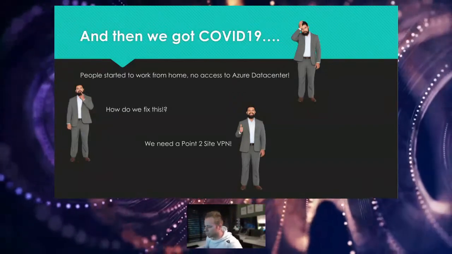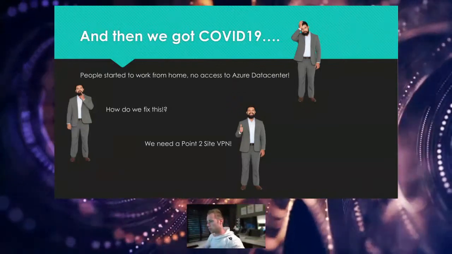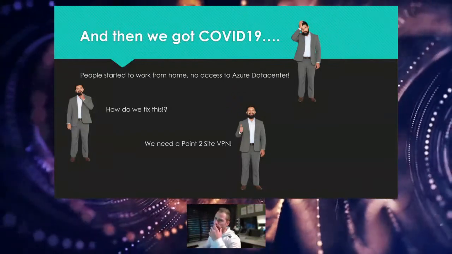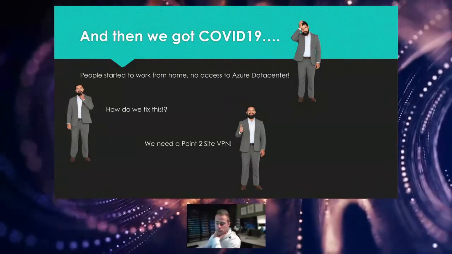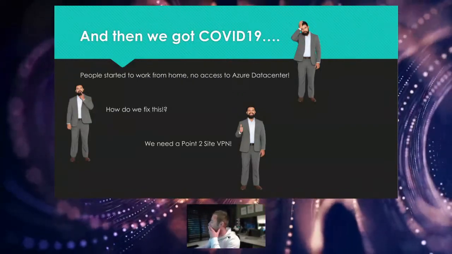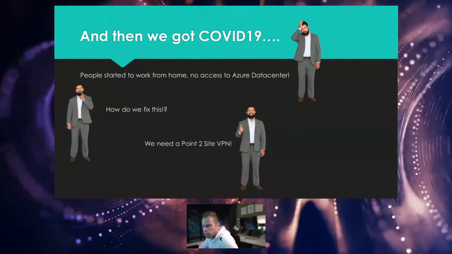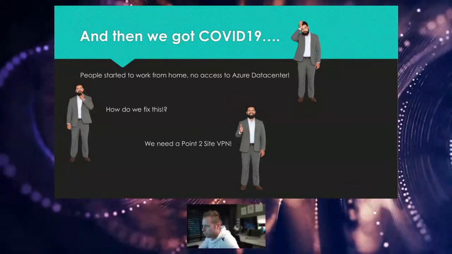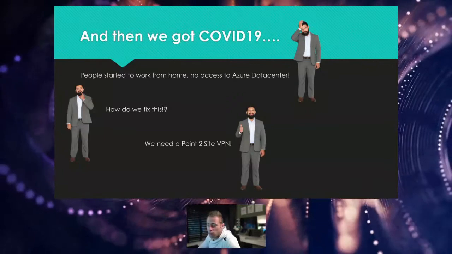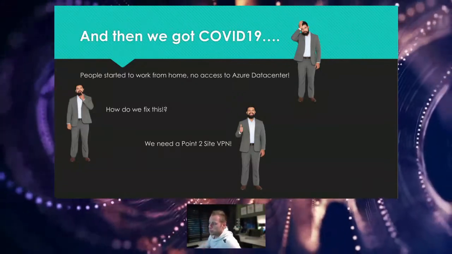That was the moment when people moved from the office to their homes and started working remotely. A few people were unable to reach their Azure Files, their file share. So we had an issue right there. Within this file share there were some legacy files used for accounting, and they needed them right away, so we needed to implement something to reach those Azure file shares.